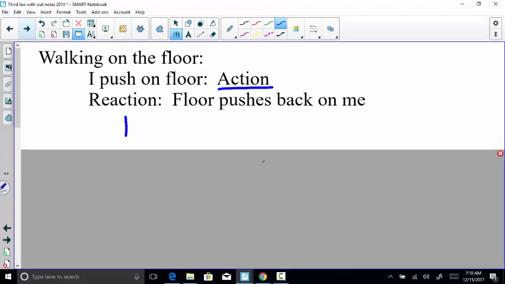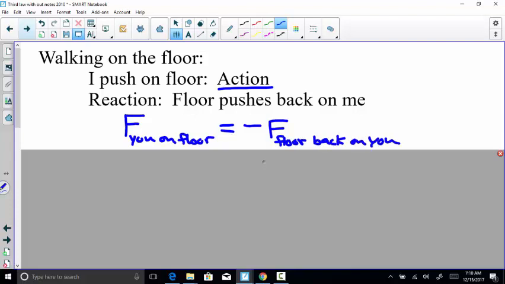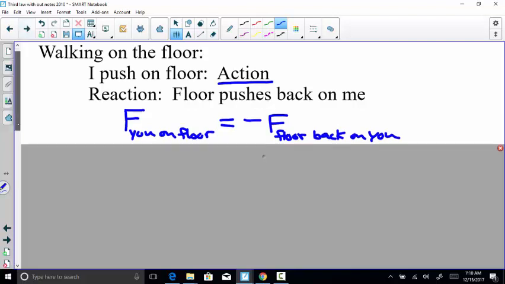So if you were to write Newton's third law out this way, it basically says there's a force of you on the floor, and that must equal minus the force of the floor back on you. Okay? So there's always equal and opposite forces.